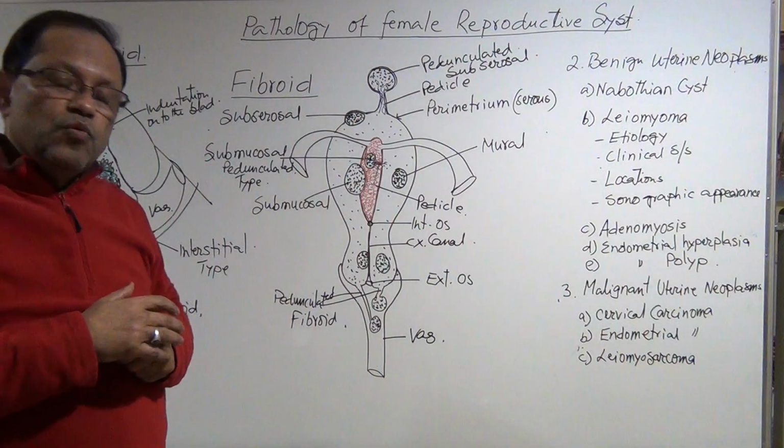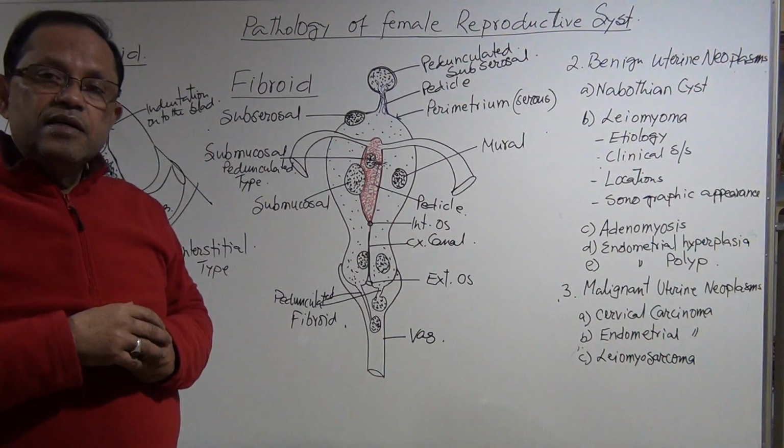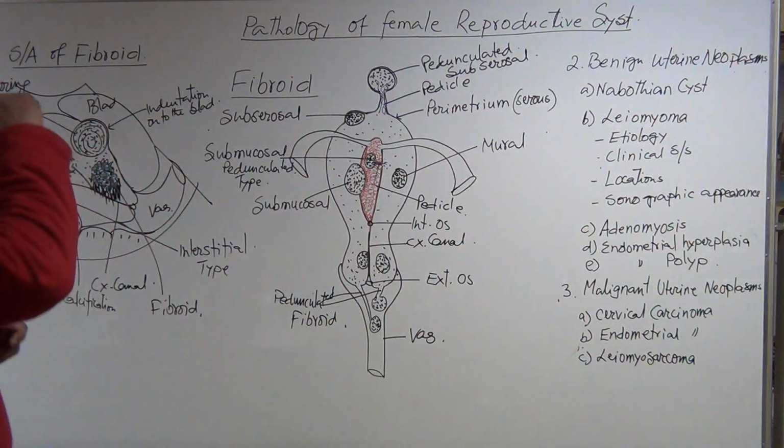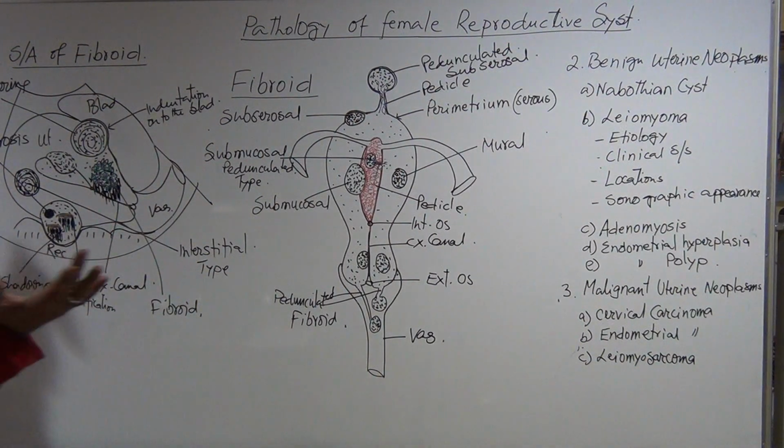The uterine cavity, cervical line, you may not see clearly because a lot of shadow is coming and the uterine outer border is irregular.